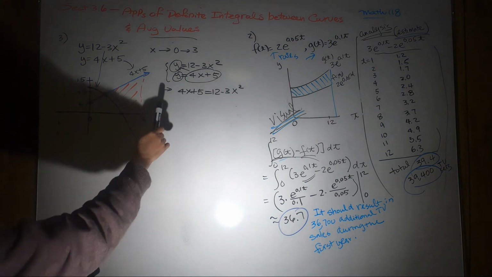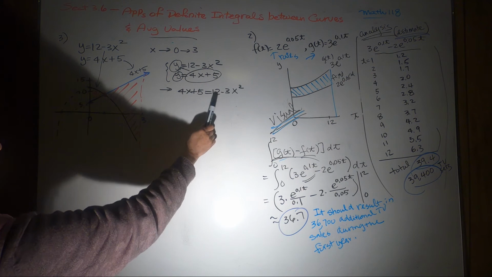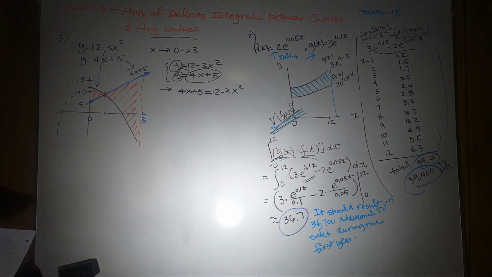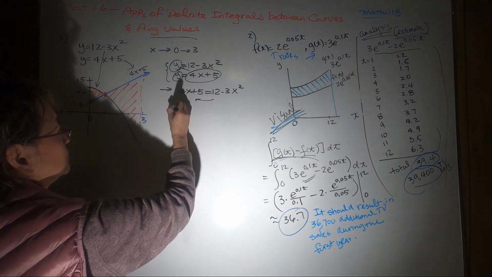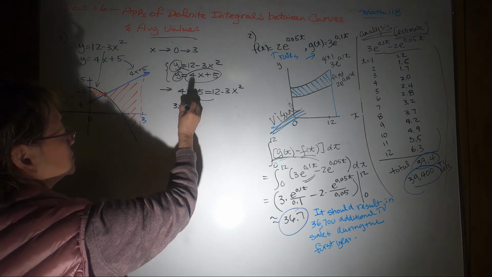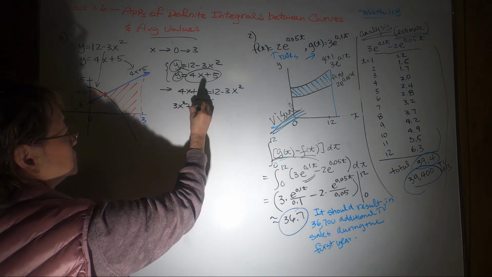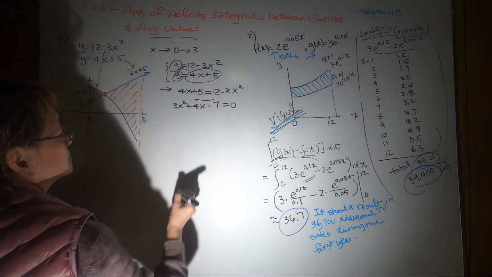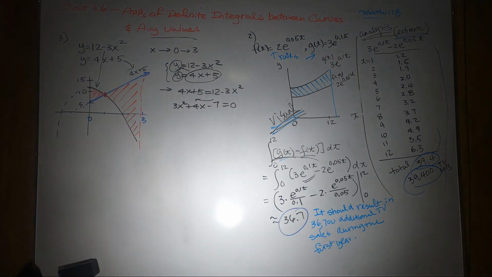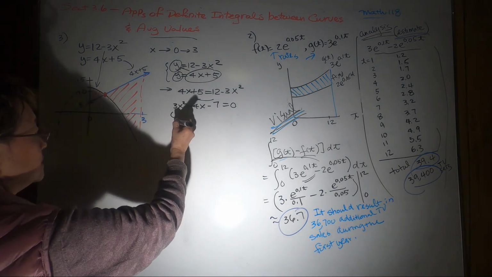Not in standard form, but what kind of equation do we have? Quadratic equation, right? I'm going to move everything over. So I have 3x squared plus 4x minus 7 equals 0.